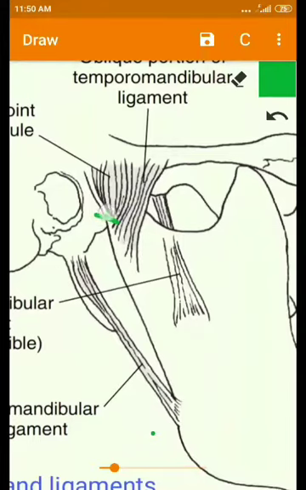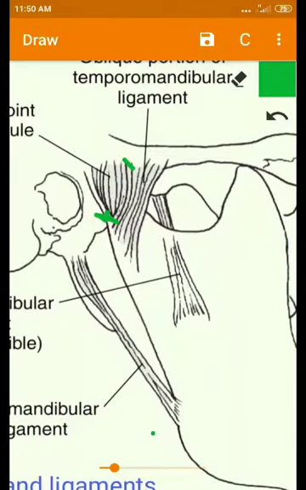Inferiorly it is attached to the neck of the mandibular condyle. Superiorly it is attached to the articular tubercle anteriorly, and the squamotympanic fissure posteriorly.